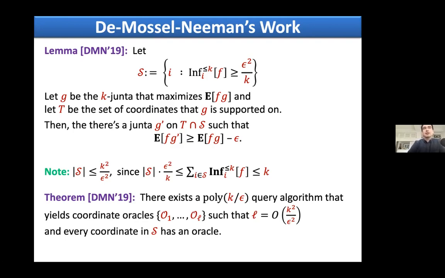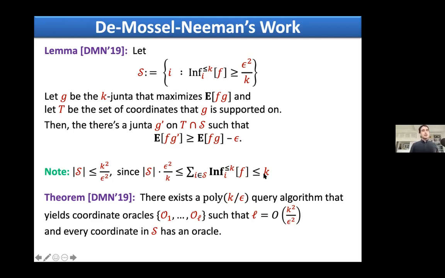Why is that? Let's look at the sum of influences up to level k. On the one hand, it's at most k, and on the other hand, it's at least the size of S multiplied by epsilon squared over k. Together we get that the size of S is at most k squared over epsilon squared.